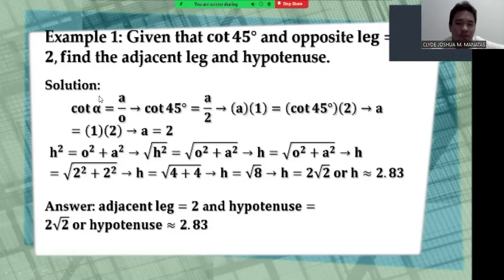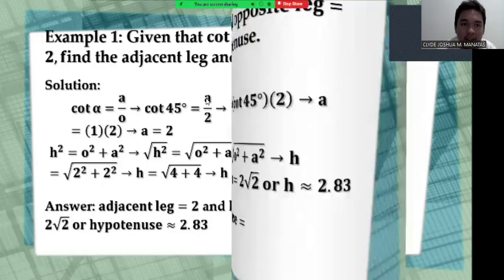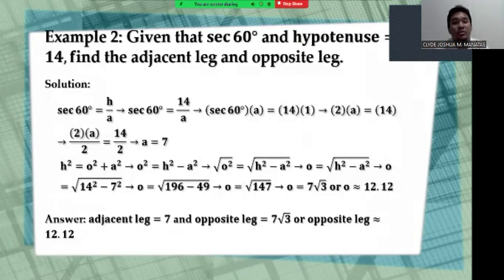So the answer: the adjacent leg is 2 and the hypotenuse is 2 square root of 2, or approximately 2.83.